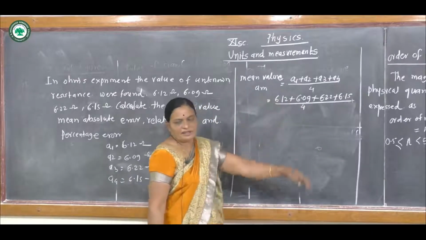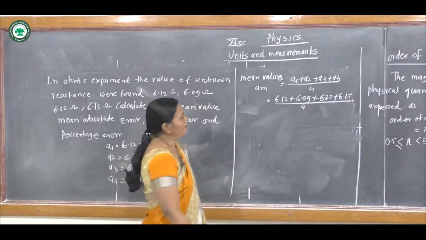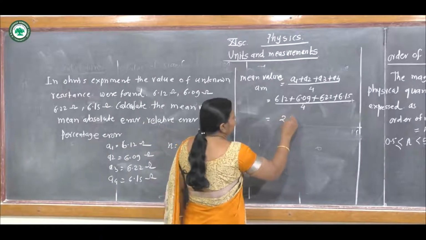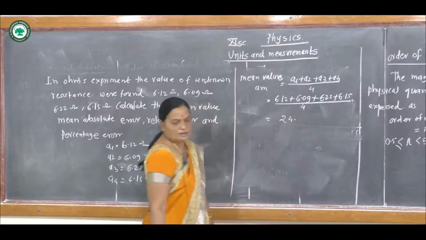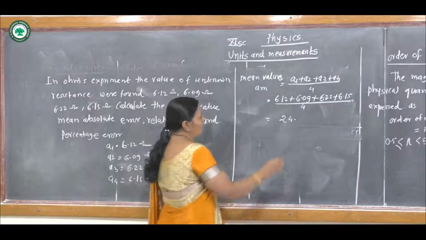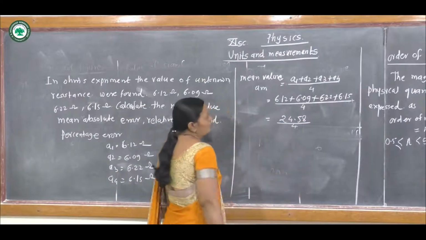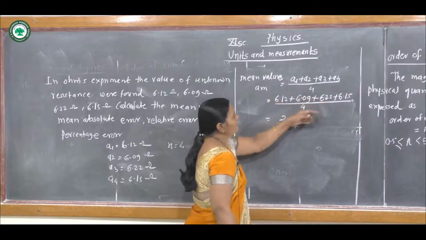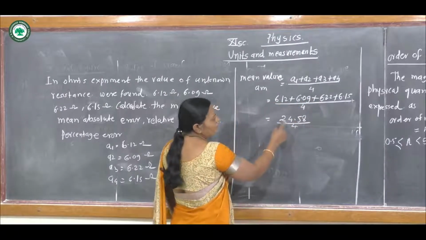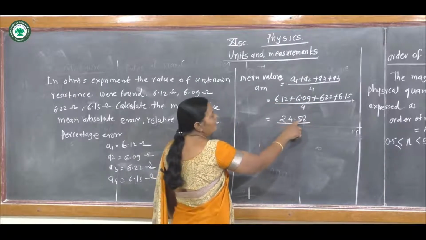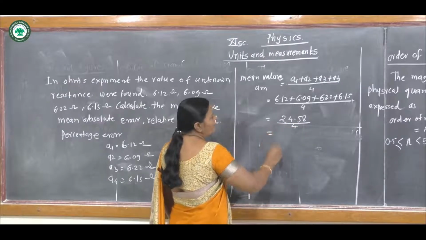Adding these numbers, the sum is 24.58, divided by 4.